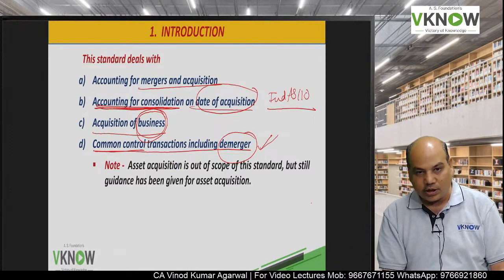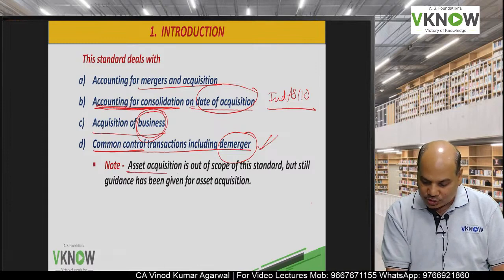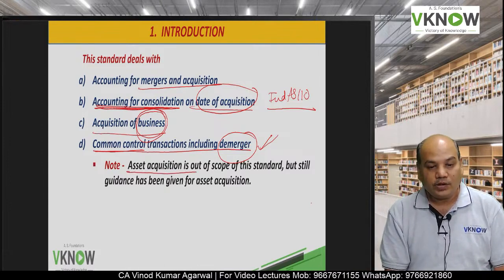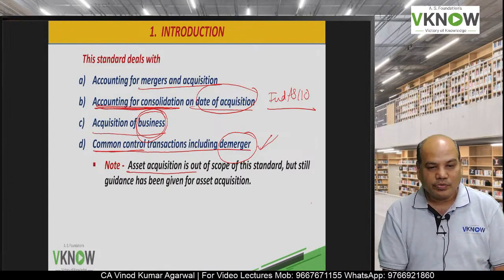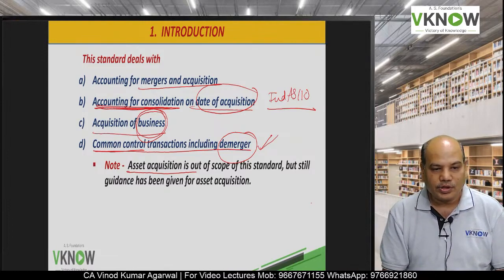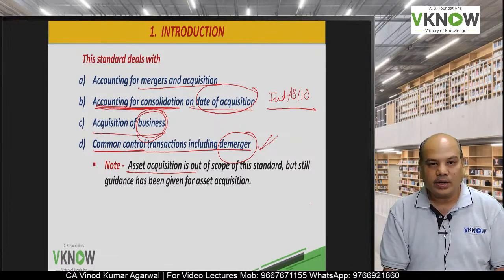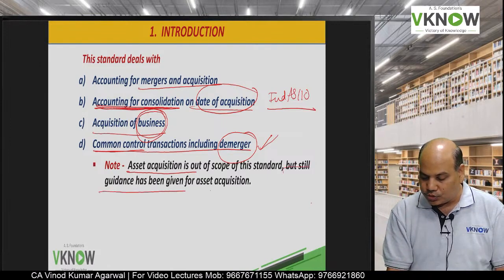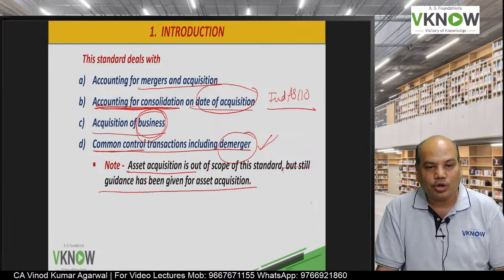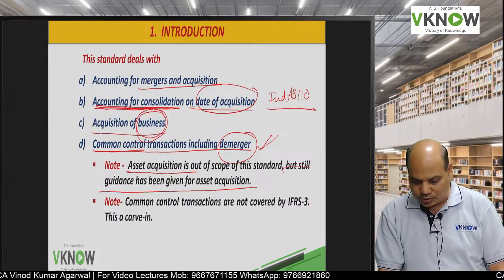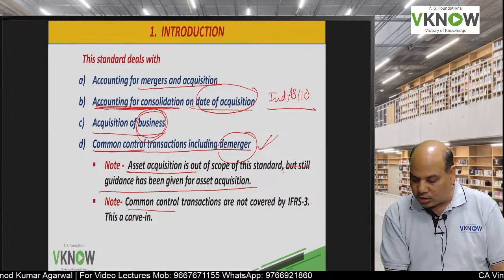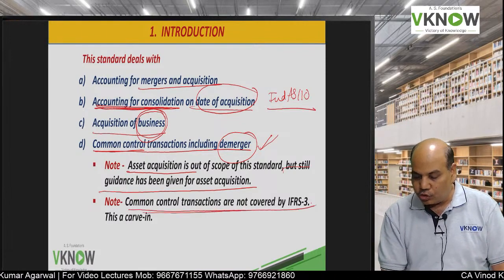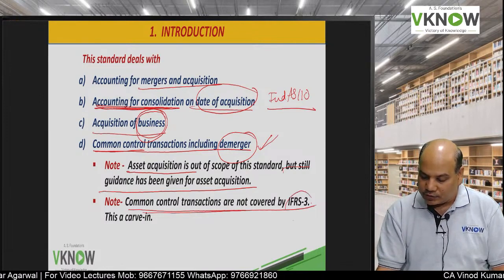This is our agenda. What about asset acquisition? If it is not business combination, if it is just asset acquisition, it is not covered by the standard, but this standard gives you some guidance on accounting of asset acquisition. Common control transaction is not covered by IFRS 3.